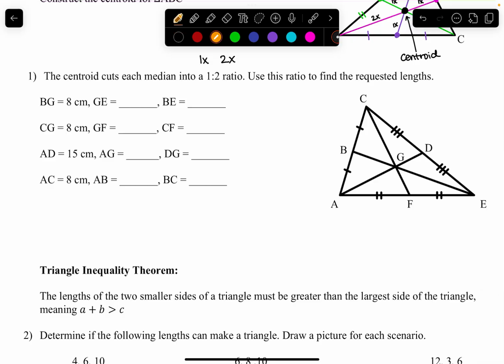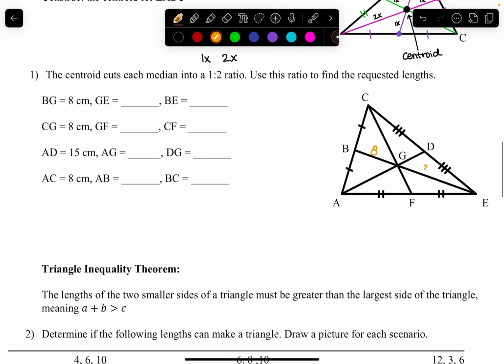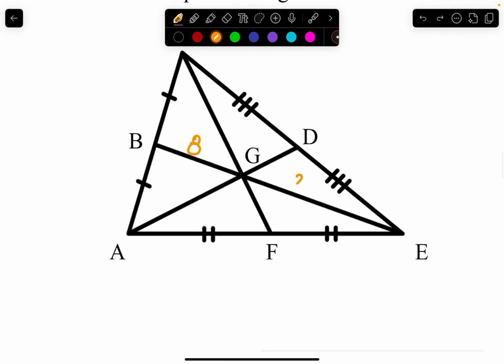So this tells us that BG is going to be 8. I need to find GE, and then I need to find the whole median, okay? Now, if you look at this median, hopefully you can see that this is the 1x side, which means that this one over here is the 2x side. Well, if BG is 1x, that means that x is going to be 8.